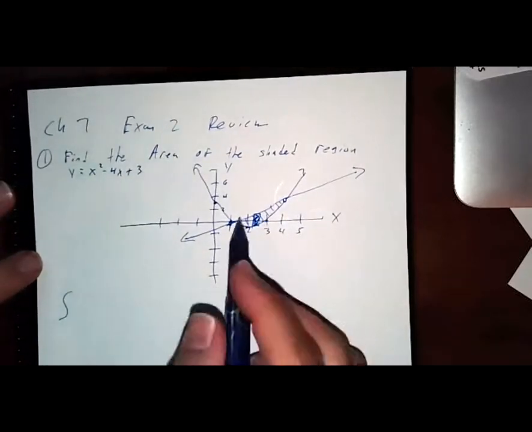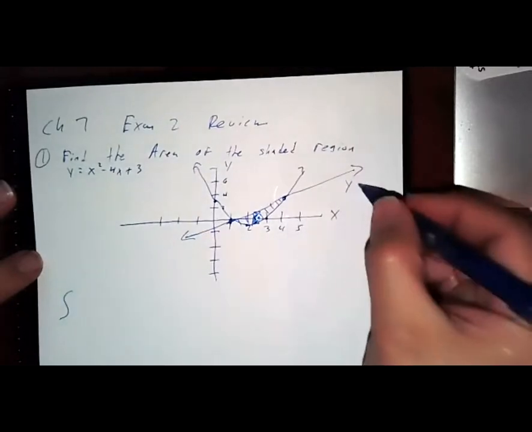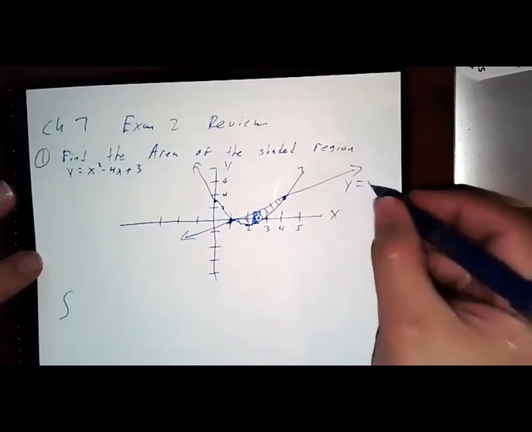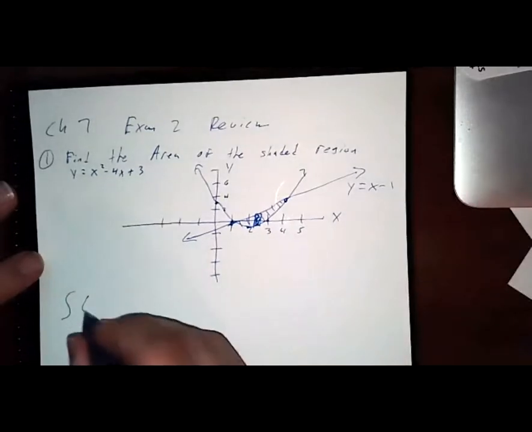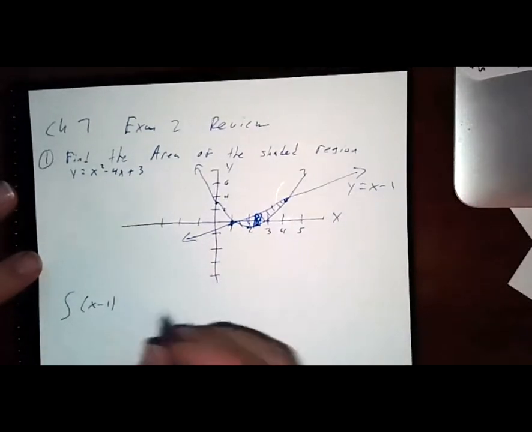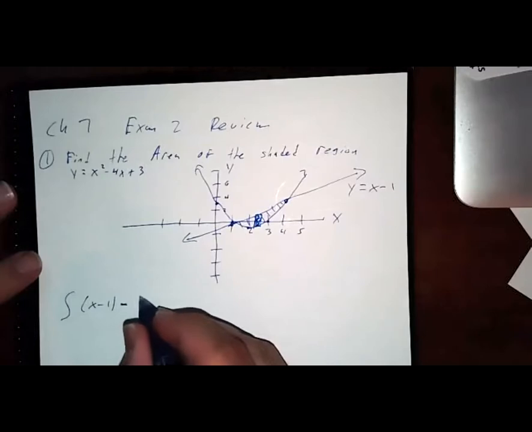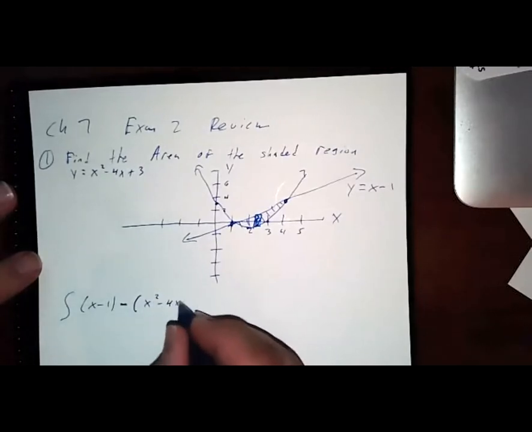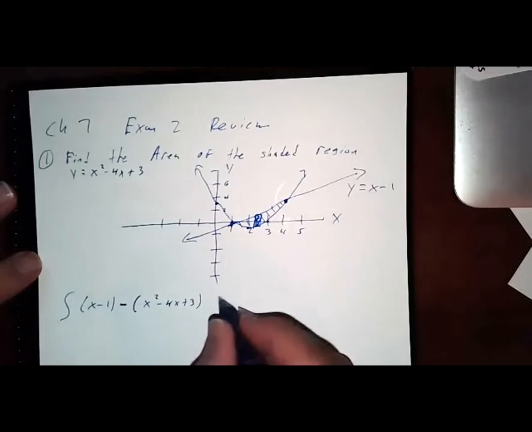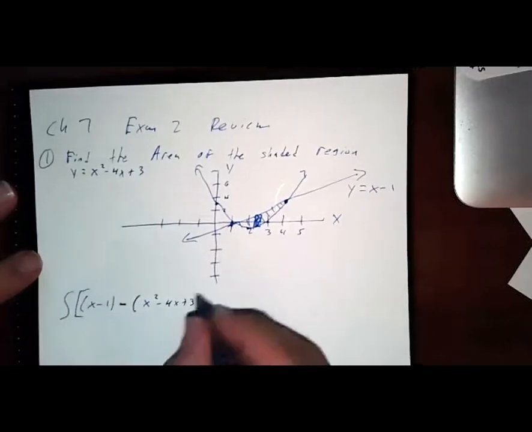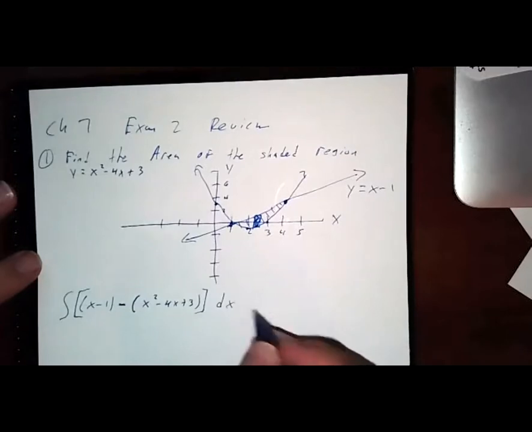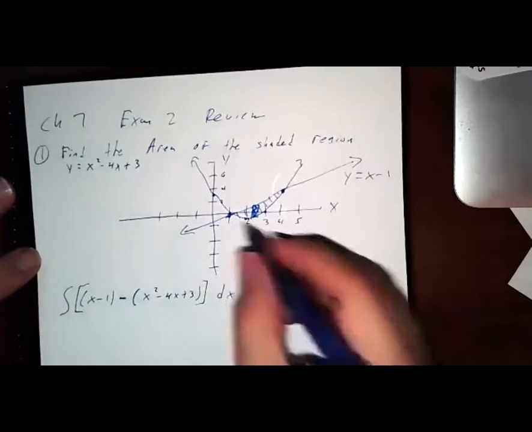So dx, so we're going to do top function, which is y equal to x minus 1, minus the bottom function, which is x squared minus 4x plus 3. So I'm going to integrate from 1 to 4.